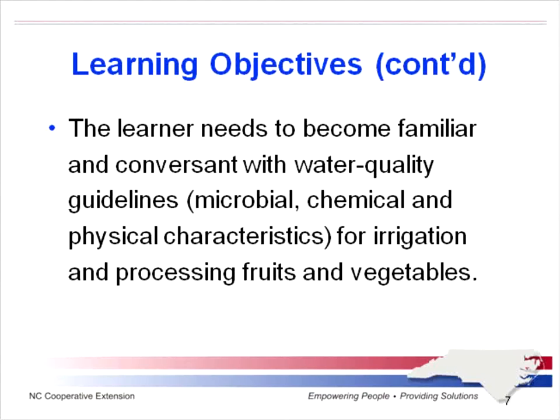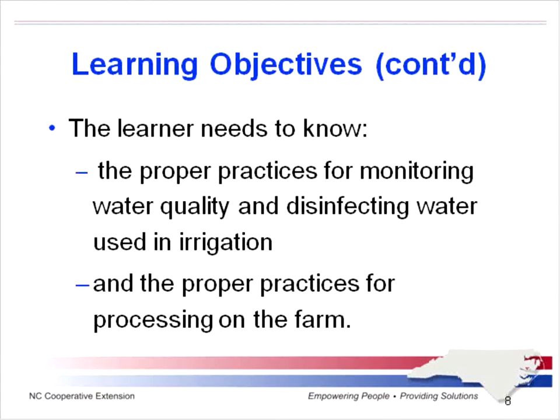In addition, we'd like you to become familiar and conversant with water quality guidelines, both microbial, chemical, and physical characteristics for irrigation and for processing of fruits and vegetables. We'd like you to know the proper practices for monitoring water quality and disinfection of water used for irrigation, and then the proper use of water practices for processing in the packing house.